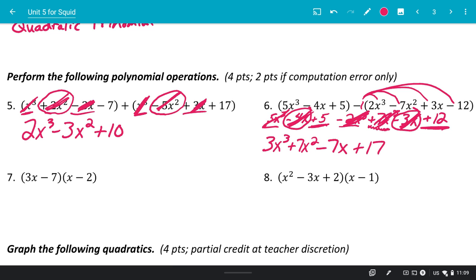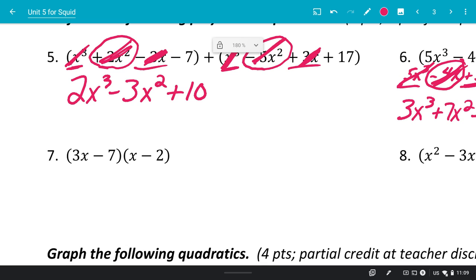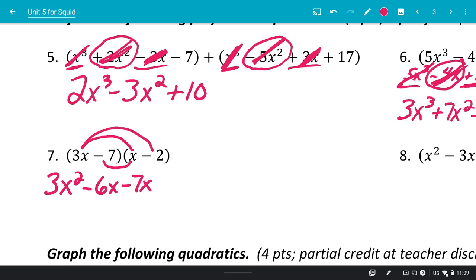All right, number 7. We can FOIL it or distribute it. We take the first times the first. 3x times x is 3x squared. 3x times a negative 2 is a negative 6x. Good. Negative 7 times x is negative 7x.